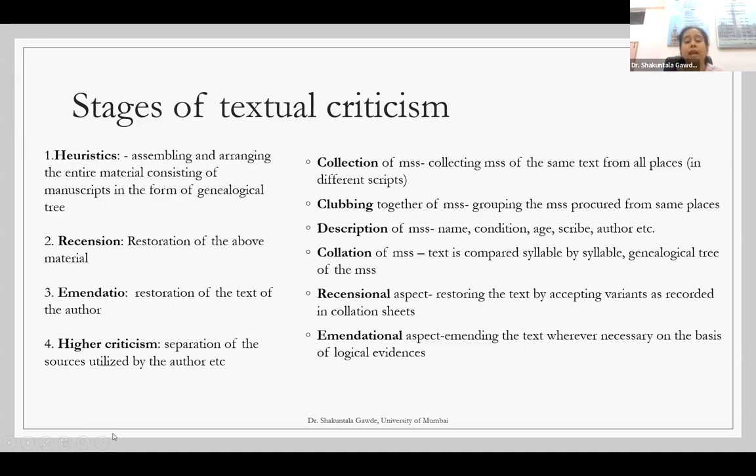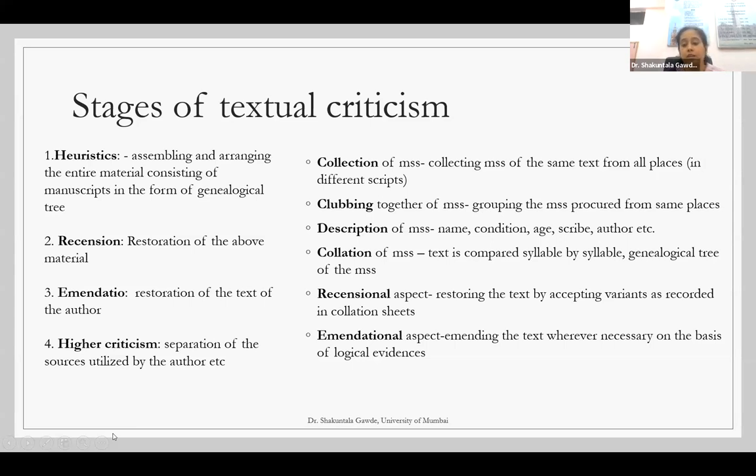So one has to compare, the researcher has to compare syllable by syllable. Okay, that is considered as a collation. There are collation sheets also, now that is done with the help of software also, but syllable by syllable one has to compare and find out the variants. Okay, what are the variants? So those variants need to be recorded.